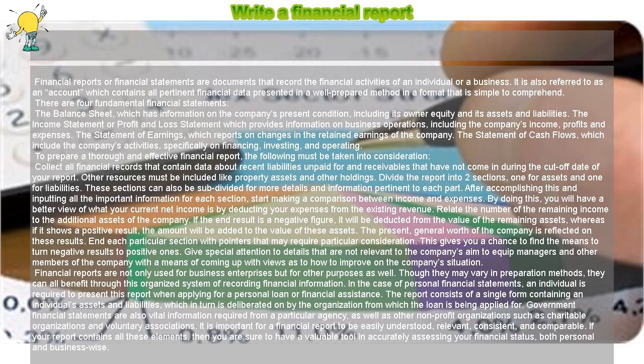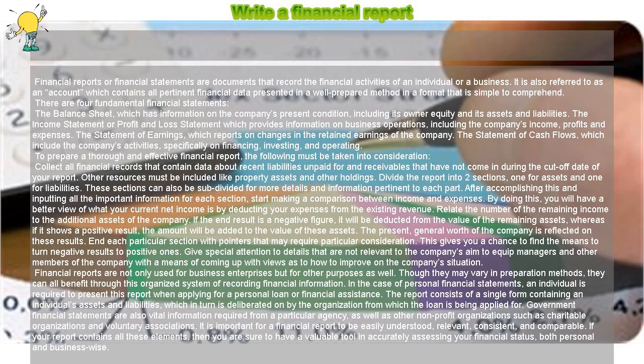After accomplishing this and inputting all the important information for each section, start making a comparison between income and expenses. By doing this, you will have a better view of what your current net income is by deducting your expenses from the existing revenue.